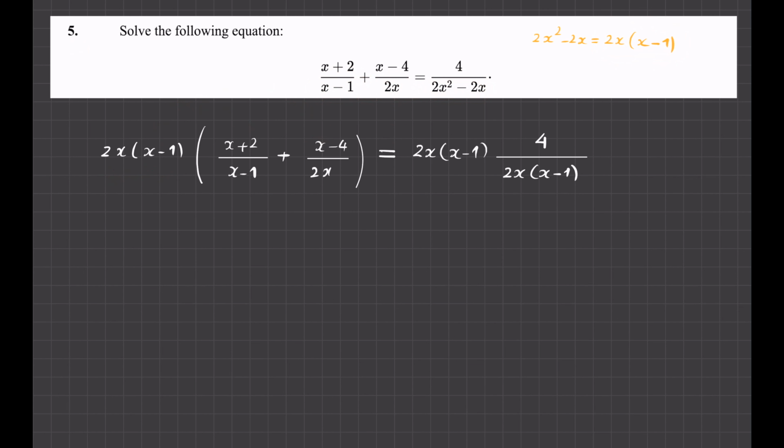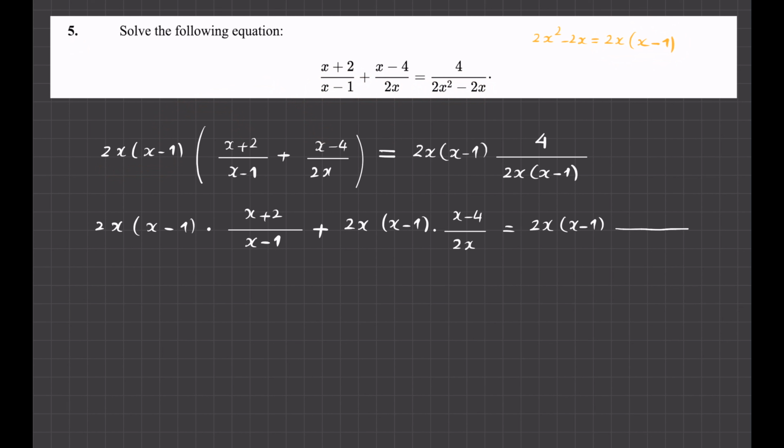So let me just do it for you. You can do it in your head, but let me write it for better understanding. So I multiplied by the first fraction, and then plus I multiply it by the second fraction. On the right hand side, I just keep it for the time being because I want to start simplifying everything together.